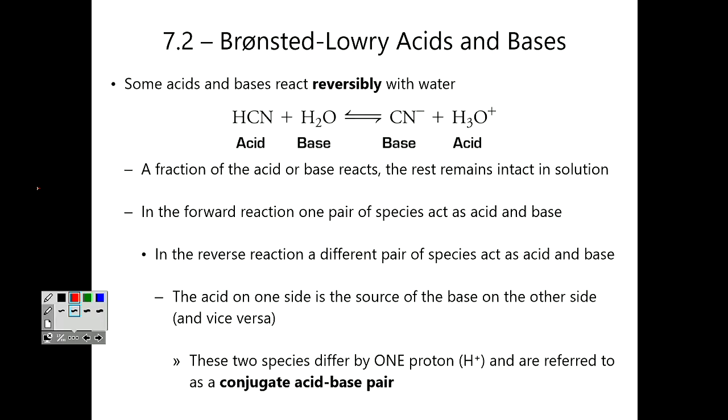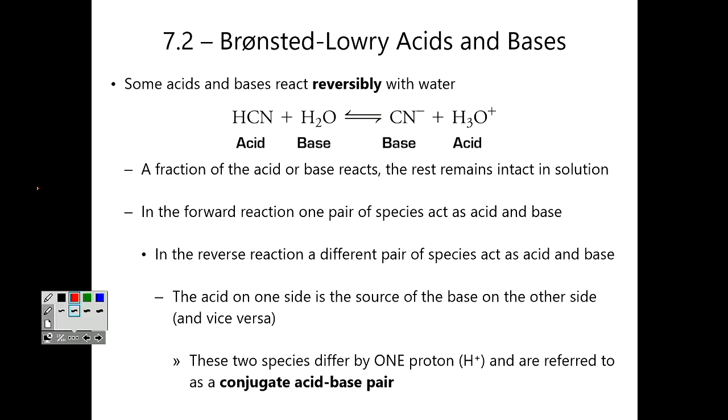When an acid dissolves in water, it turns out that for the vast majority of acids, the reaction does not go to completion, meaning that the transfer of that proton from the acid to the water is not 100% complete.